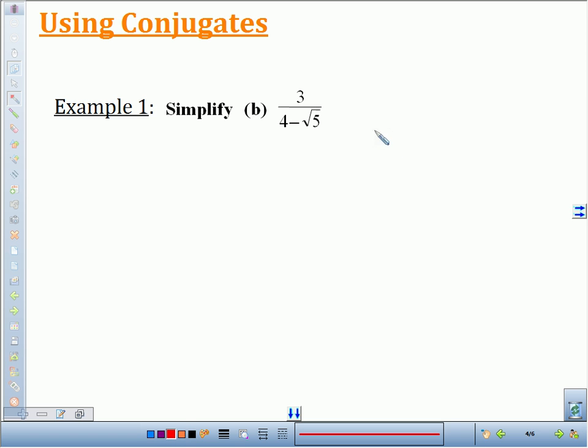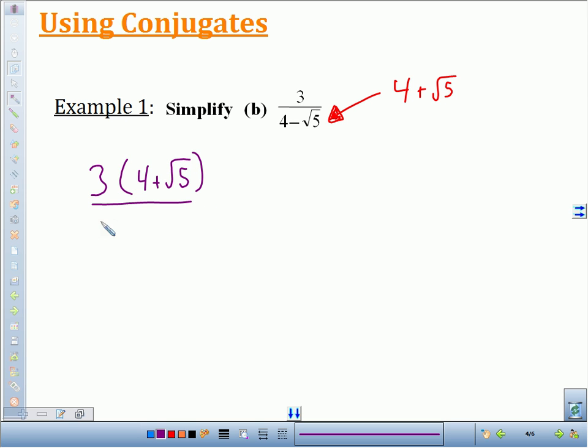The conjugate of 4 minus the square root of 5 is 4 plus the square root of 5. So I'm going to start this out by multiplying 3 times 4 plus the square root of 5 times 4 minus the square root of 5 times 4 plus the square root of 5.